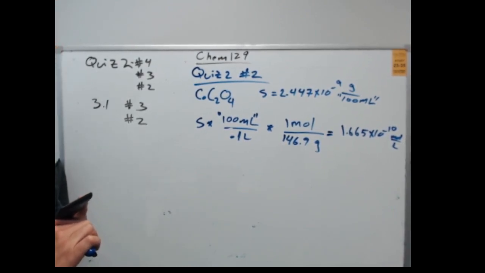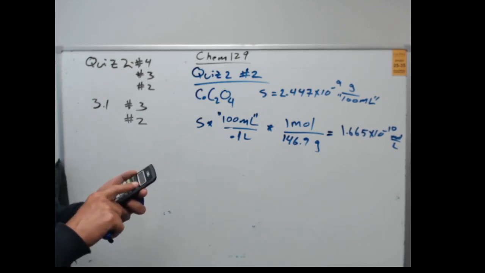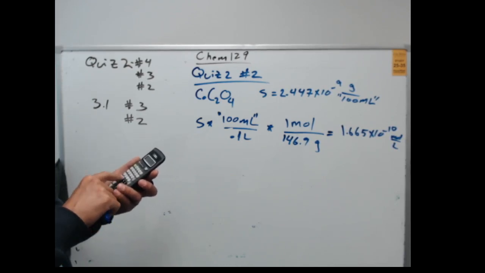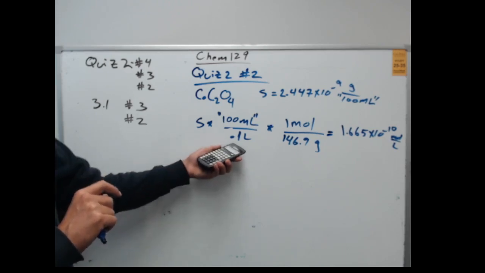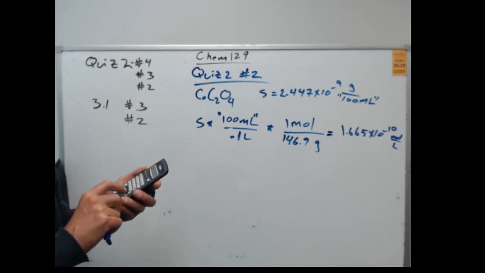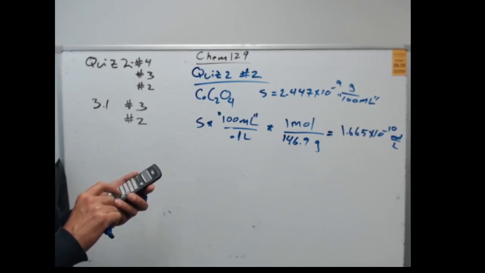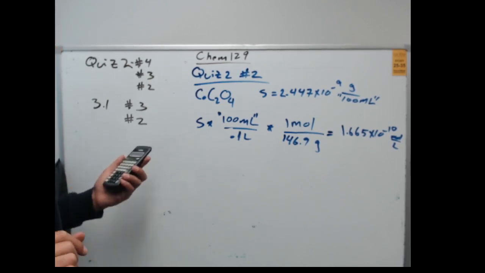I got negative 9. Did I do something wrong? No, I think it should be negative 10. Did you forget to do the 0.1? Oh yeah, I did. And it's divided by 0.1, so that's going to make it negative 10 instead of negative 9. Yep, there we go. So that's our molar solubility.